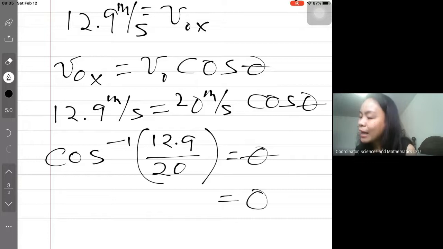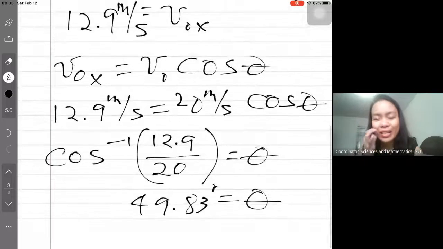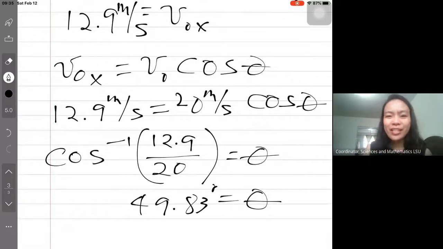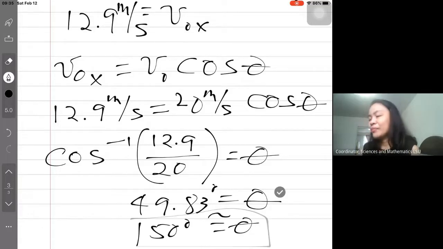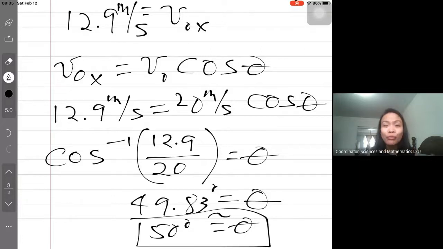So our angle is 49.83 degrees. What are the choices in our problem? The choices were 30, 50, and 70. So that would be around 50 degrees. That's just how you're going to solve problems in projectile motion.